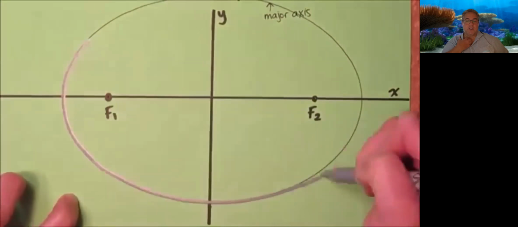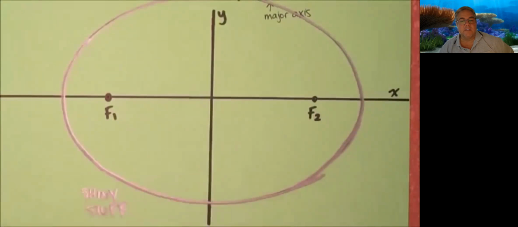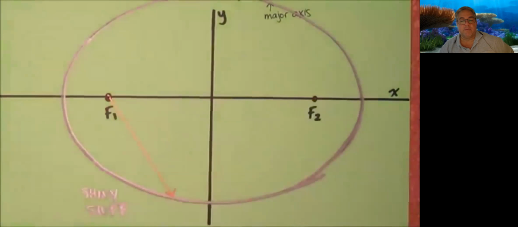Okay, so they're just darkening in the ellipse. The shiny stuff is the ellipse, and that represents the string they used.